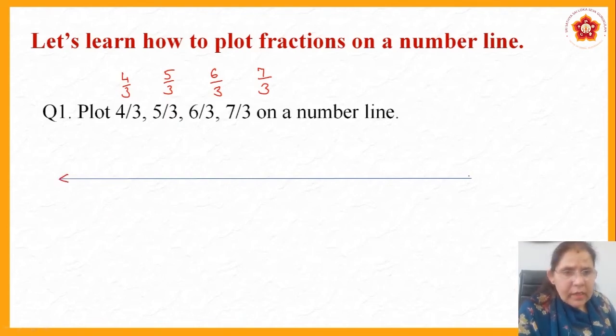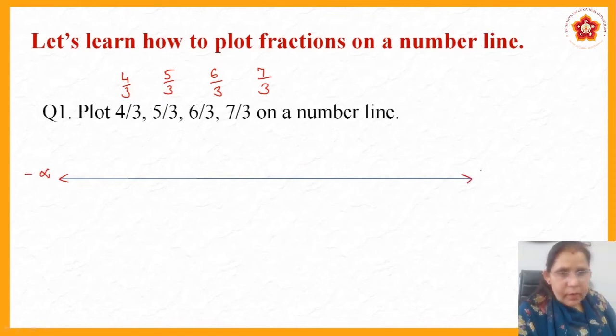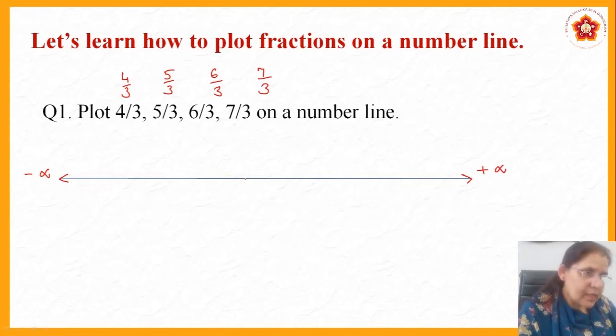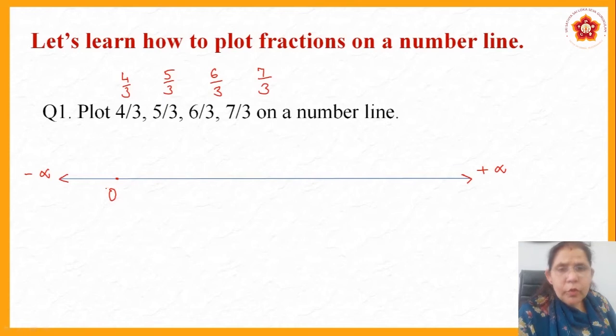So we can start, first of all, arrow on both the sides. This side we have minus infinity and the other side we have plus infinity. Now not necessary to put 0 in the center. We can start from 0 here, because we don't have to mark anything on the left side of 0.